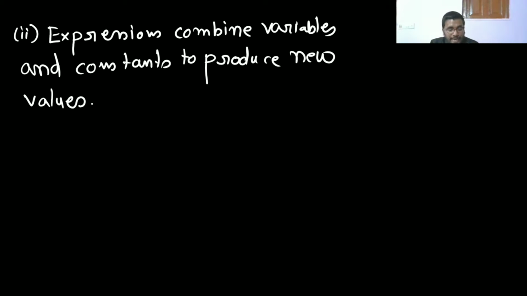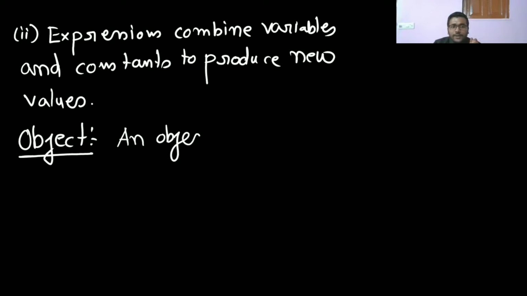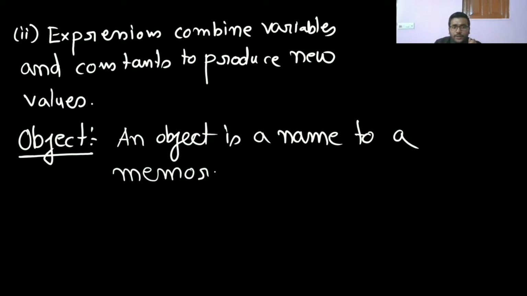The type of an object. Whenever I ask you what an object is, here don't compare it with C plus plus. Here, an object is a name to a memory location.